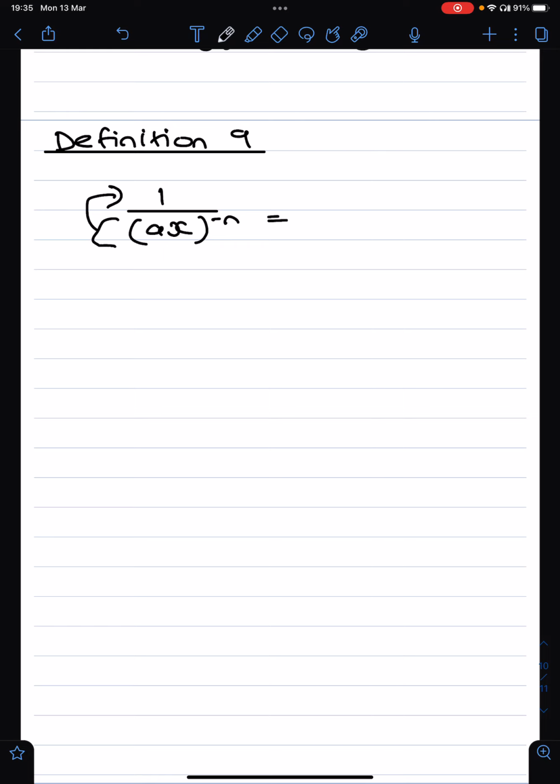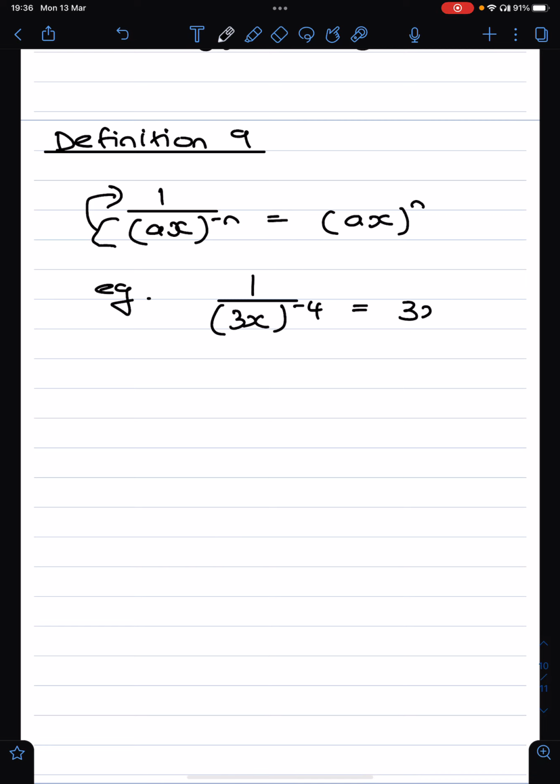So this becomes ax to the n. An example would be if I have 1 over 3x to the power of negative 4. Because of the negative exponent, the entire bracket goes to the top. So this becomes 3x, bracketed, to the 4.